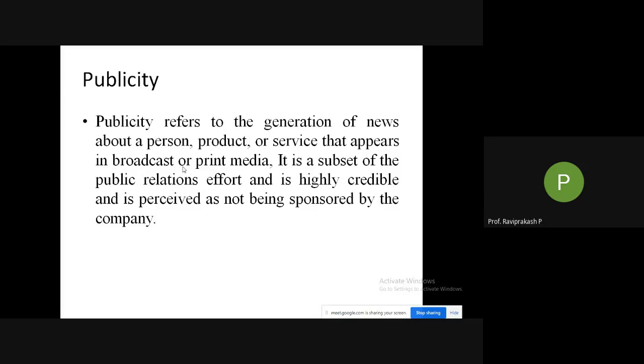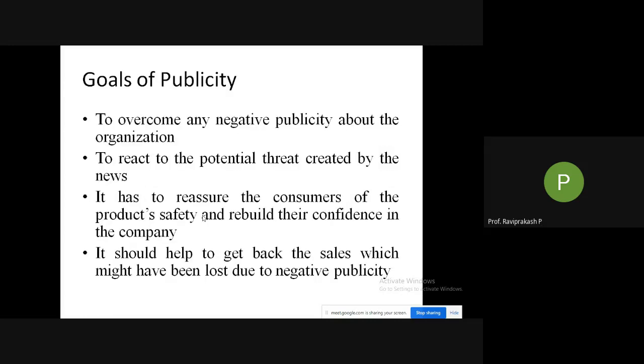If something good is being done by the company, there are media people who on their own write articles or feature what the company has done. So this is publicity, where it is not sponsored by the company. Not even 1 rupee is given by the company to have this ad or run this campaign.